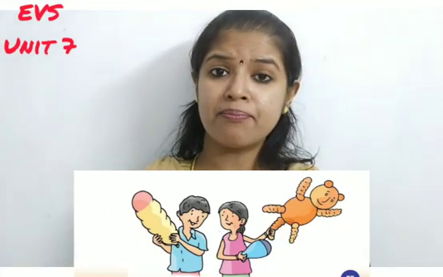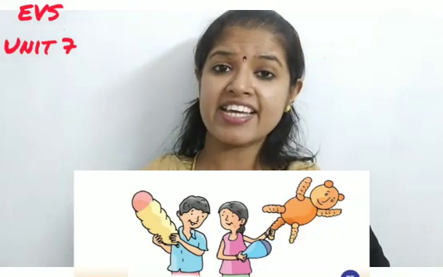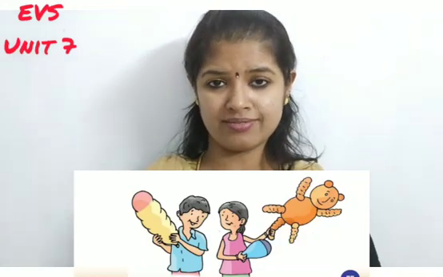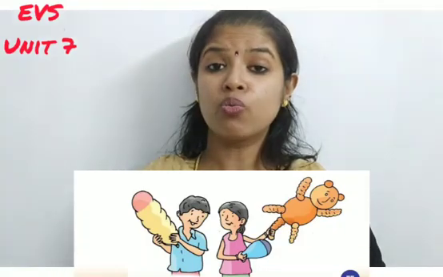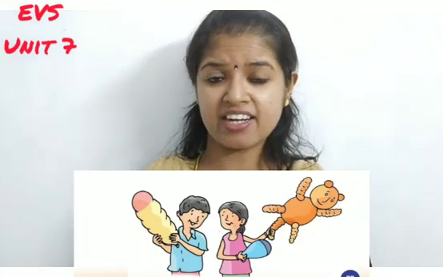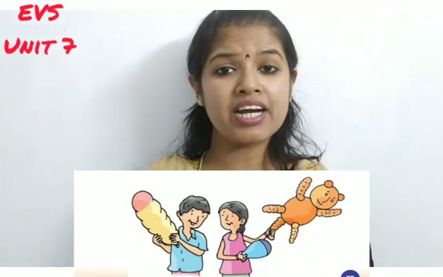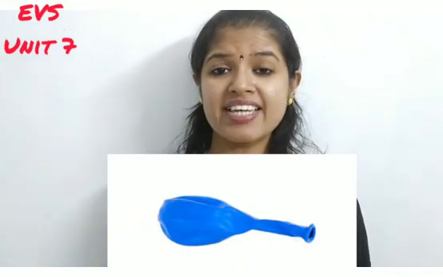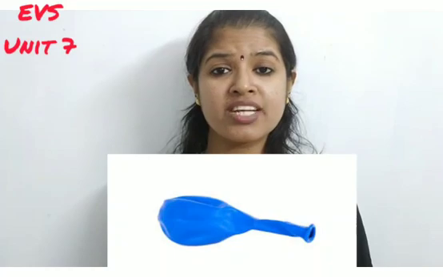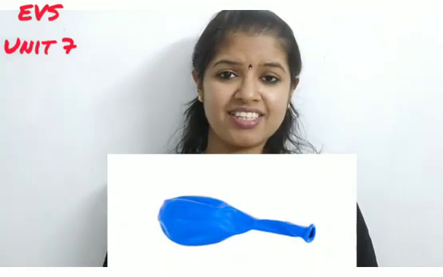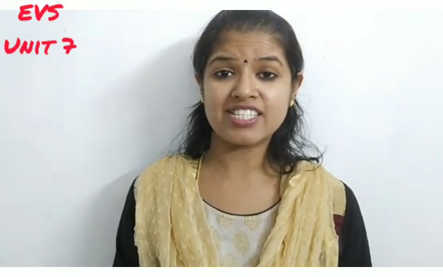If it is a balloon doll, the air takes the shape of the balloon doll. But once we release the air from the balloon, what happens? It becomes small in size and moves back to its original position. So from this we can prove that air has no definite shape.